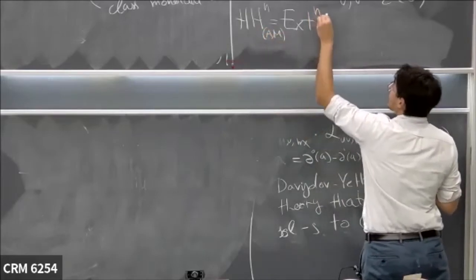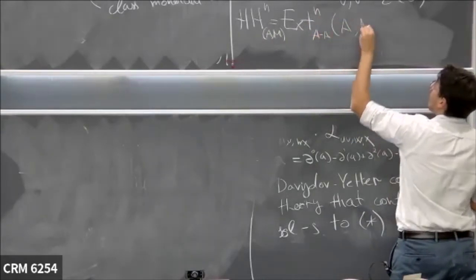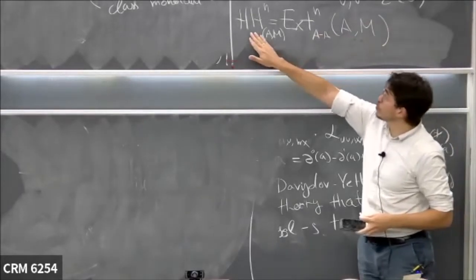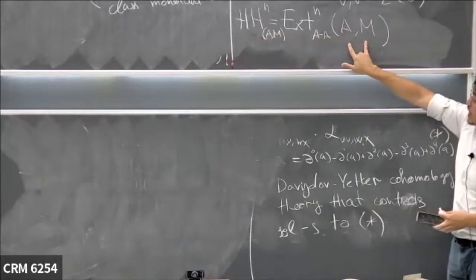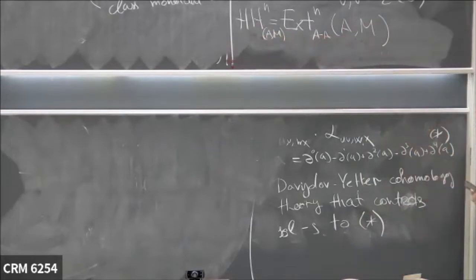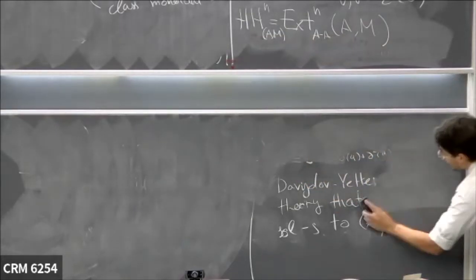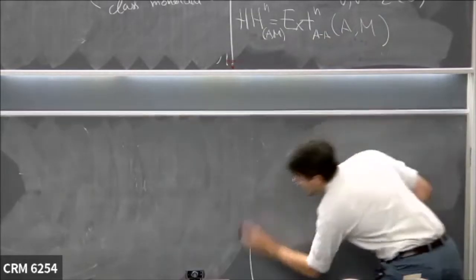So it's an extension group in the category of A-A bimodules from A to M. And it is extremely helpful, because instead of doing calculations with the original complex, you can just calculate extension groups. For DY theory, such a homological result was not known, and this is our theorem. So we provide a homological formulation for this DY cohomology, or if you want, an extension theory for DY cohomologies.